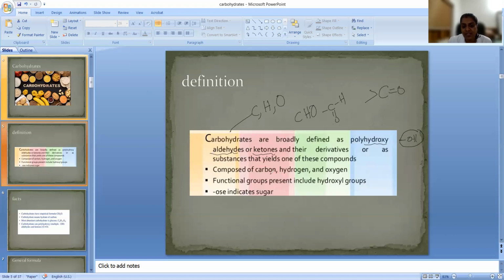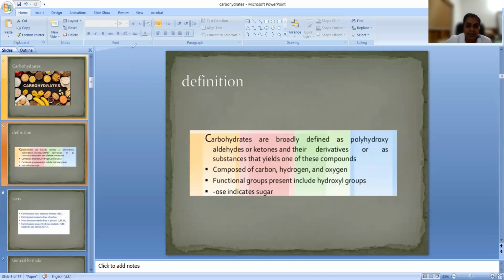From the name itself, we can understand that it consists of carbon, hydrogen, and oxygen. The functional groups present are the hydroxyl group and a ketone or aldehyde group. And it is named using -ose, like fructose, glucose. These are examples.